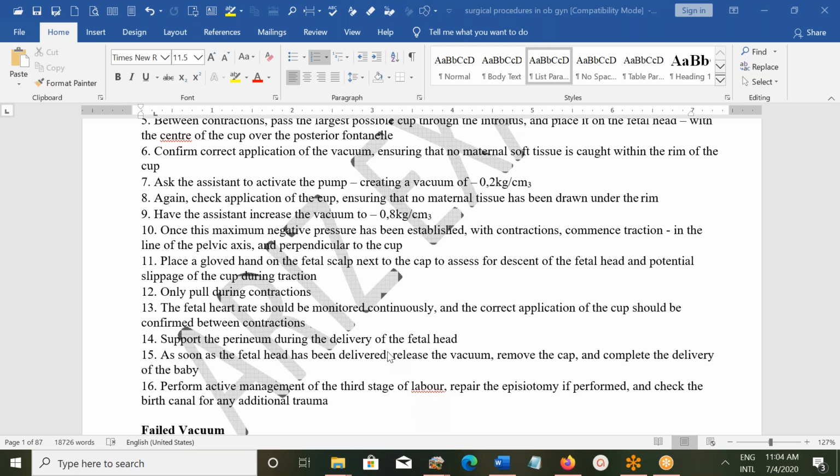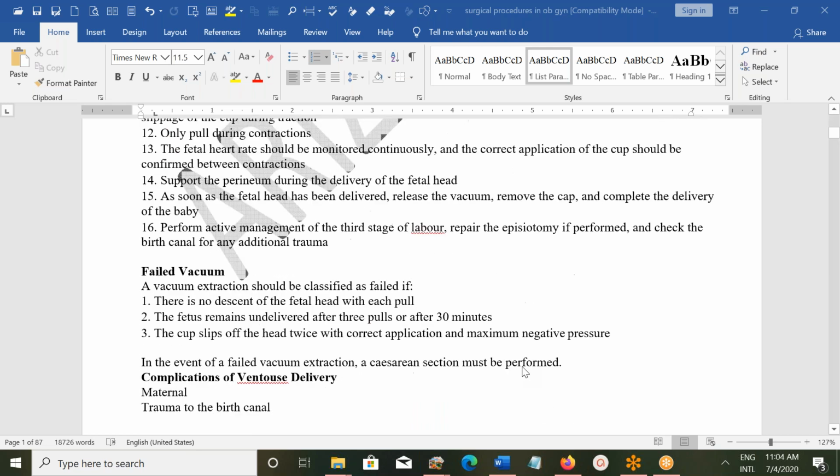Support the perineum during the delivery of the fetal head. As soon as the fetal head has been delivered, release the vacuum, remove the cup, complete the delivery of the baby, perform active management of the third stage of labor, repair the episiotomy if performed, and check the birth canal for any additional trauma.